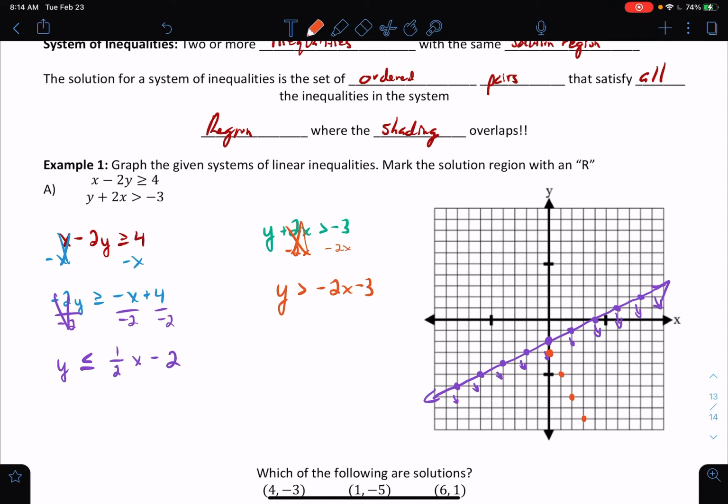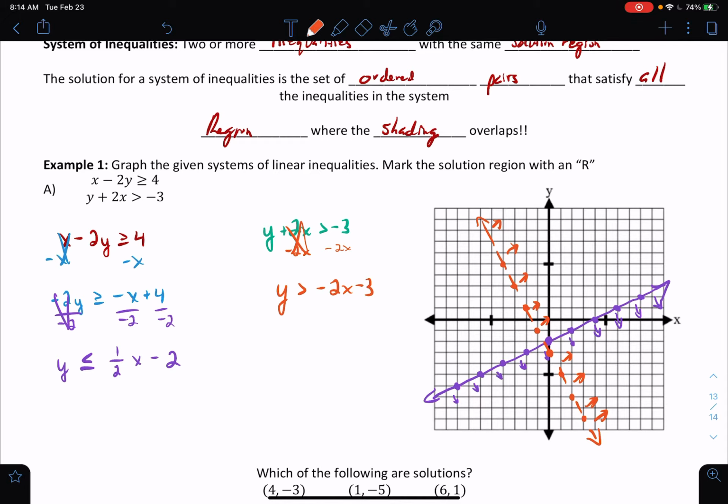Or I could go up 2 to the left one, up 2 to the left one. All right, so we got a couple points there. I'm going to connect them. It's going to be a dashed line because I do not have equality. And it's y is greater than negative 2x minus 3. So that's shading above the boundary line.